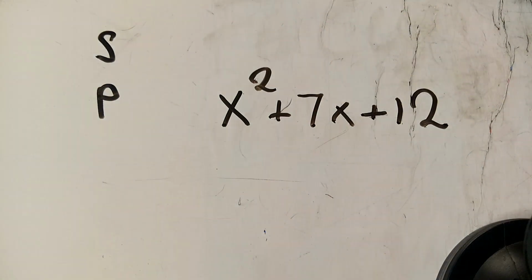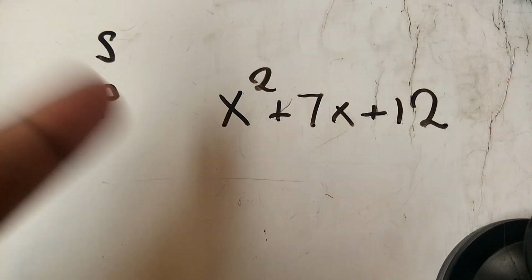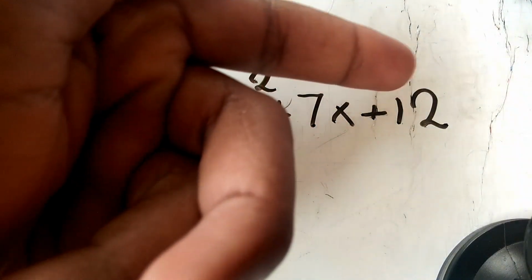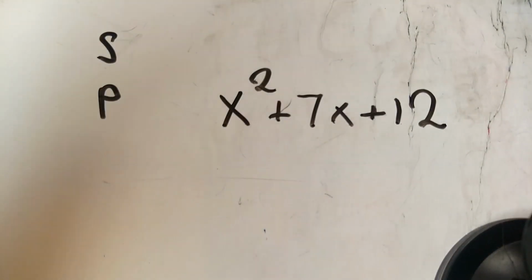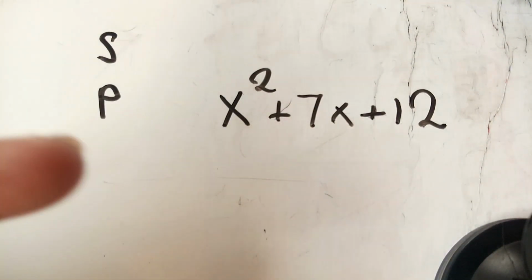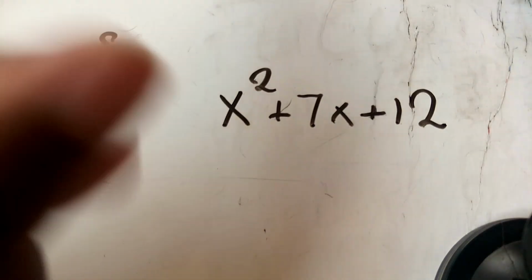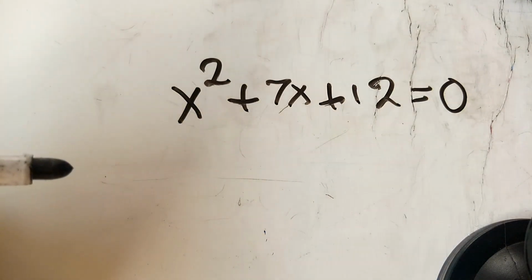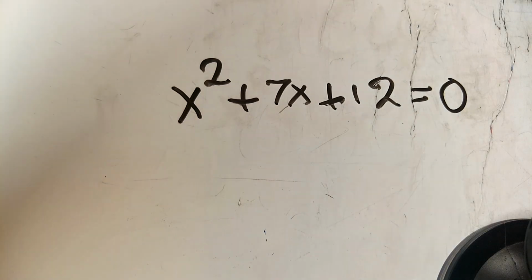Now, this can be turned into a quadratic equation. So how? Just introducing an equals sign and 0. Then they tell you to solve the quadratic equation, which is just this.